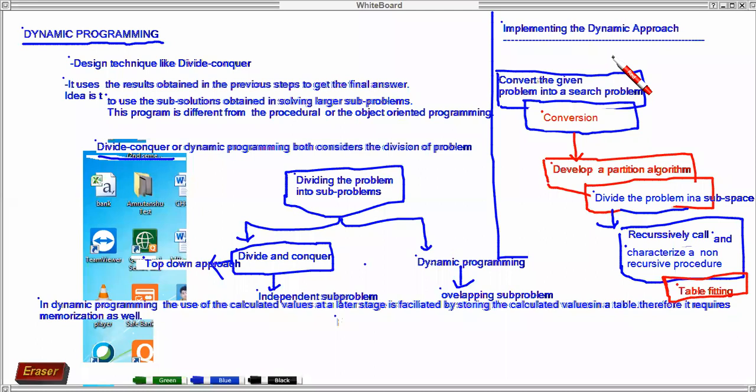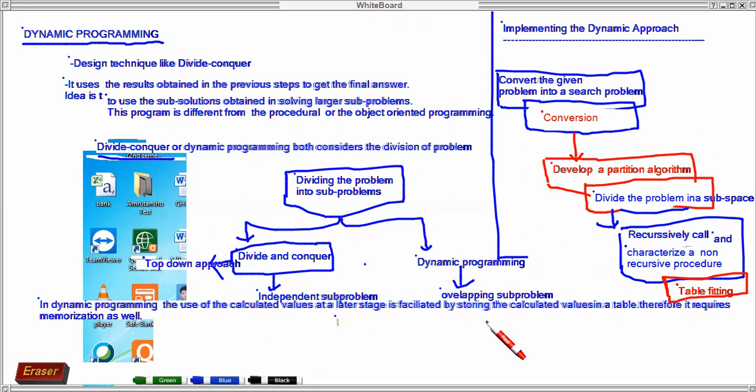How will you implement this? That is our dynamic programming. So the use of this dynamic programming can easily be understood through an example.